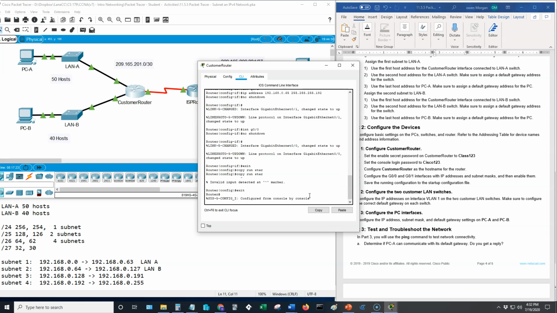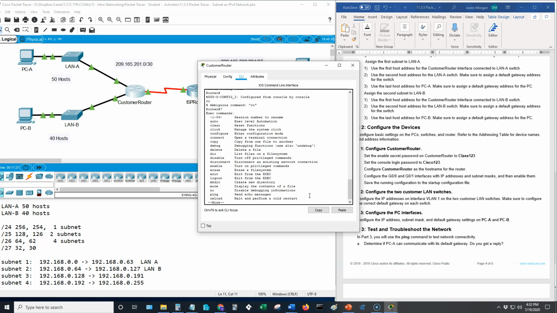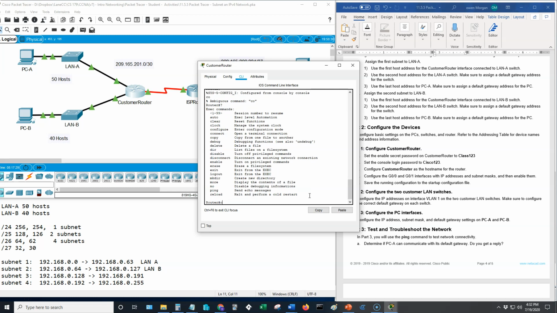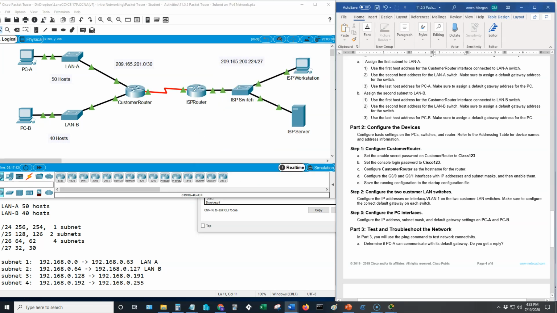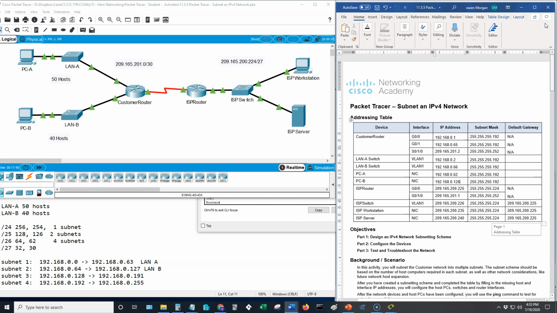Oops, I think we do that one level down. Question mark. There it is. Copy. Run start. So now our router is completed. Now we're going to set up the switches. Then we're going to set up the IP addresses, or excuse me, the hosts.